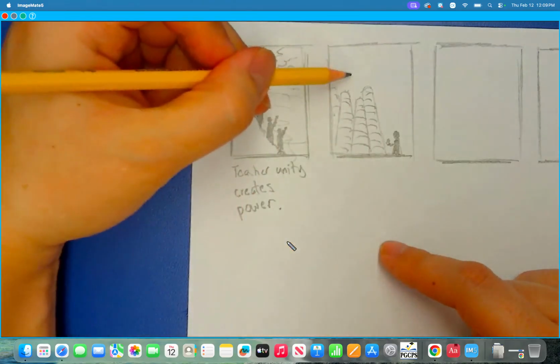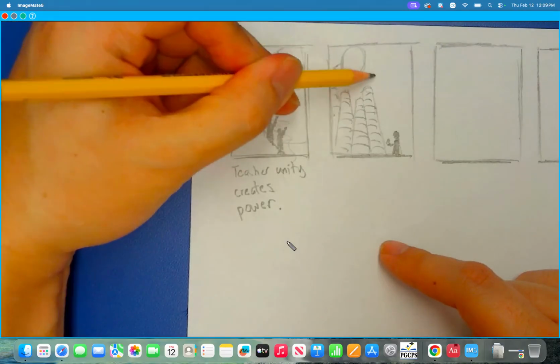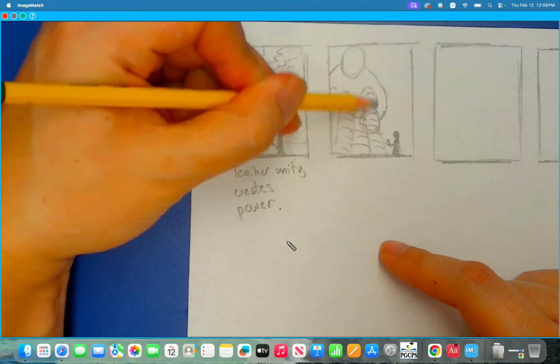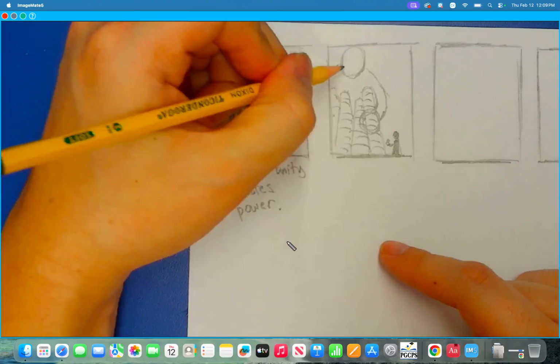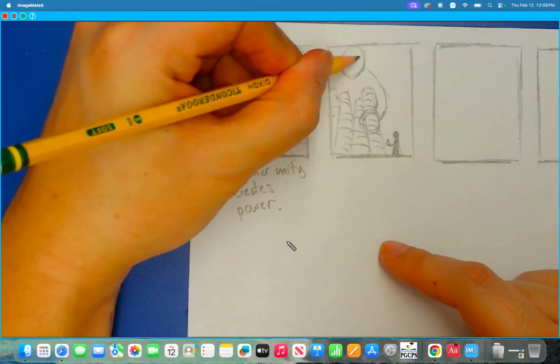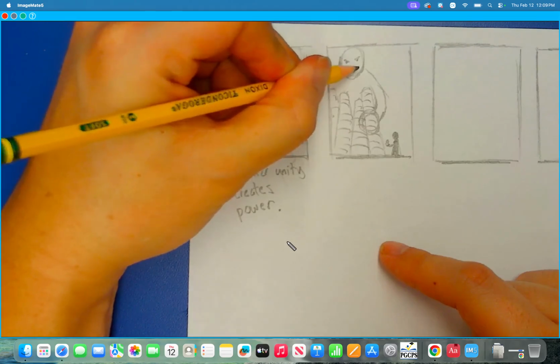Maybe I could have some really big person here. He's like, haha, I got all this money to myself here. I can make him look really menacing and evil. He's got this big grin on his face.